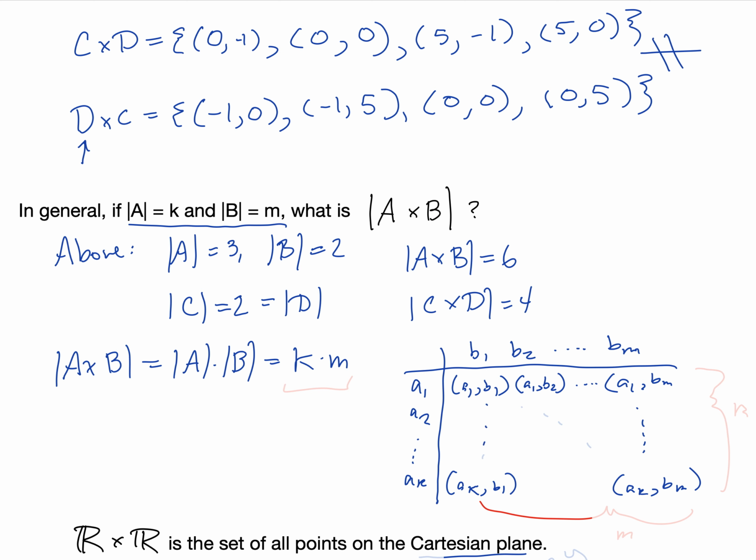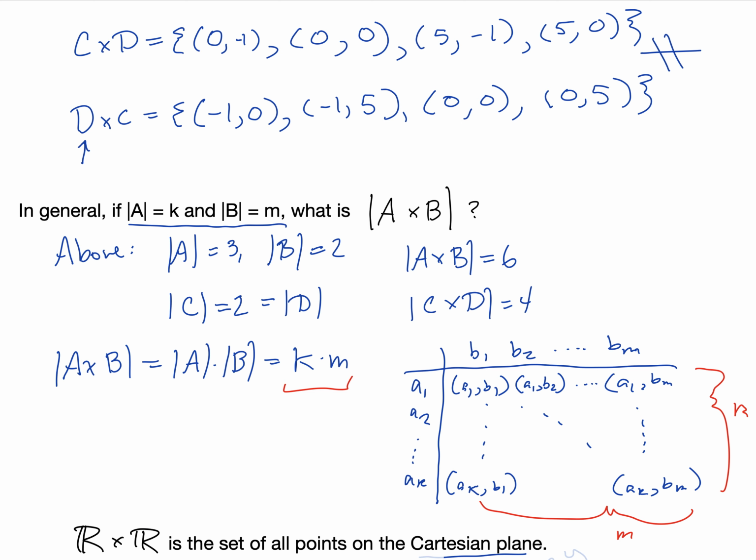So this gives us this set of ordered pairs. How many of them are there? Well, there are K in this direction, and there are M in this direction. So this is an M by K rectangle of ordered pairs. There are K times M ordered pairs in the set A cross B.